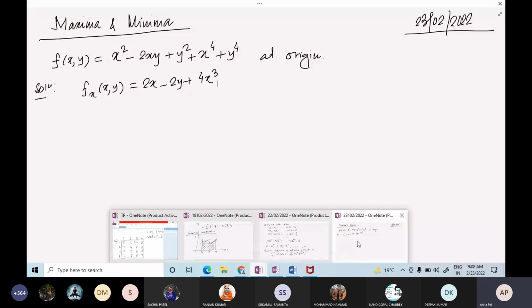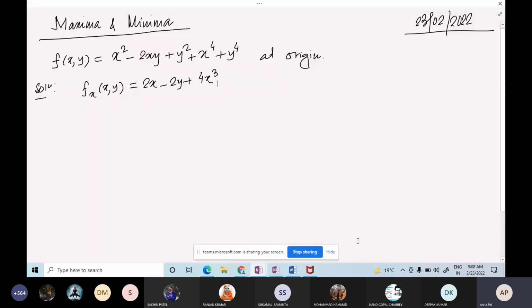Okay, let us come back to the class. Now see, the necessary condition was: del f del x should be 0, del f del y should be 0. So as per the necessary condition, we make this 0. What is fx at 0, 0? It is 0. Similarly, we find fy.